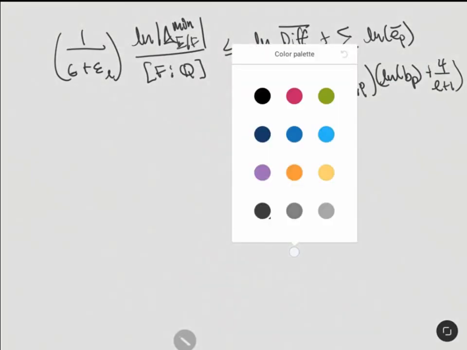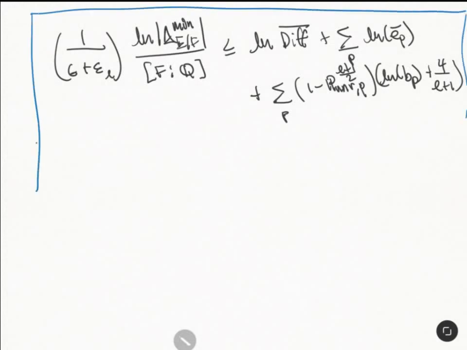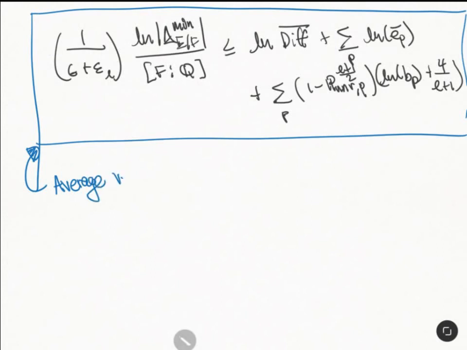Okay, so this is the inequality here. This thing here is the averaged version of Mochizuki's theorem 1.10.